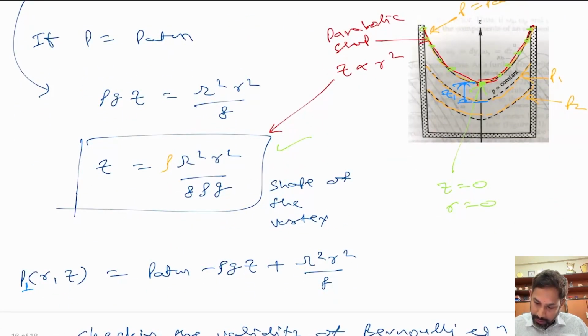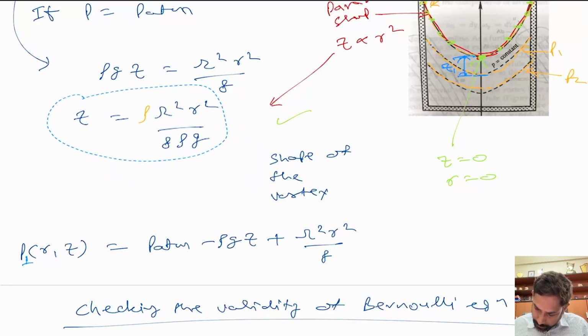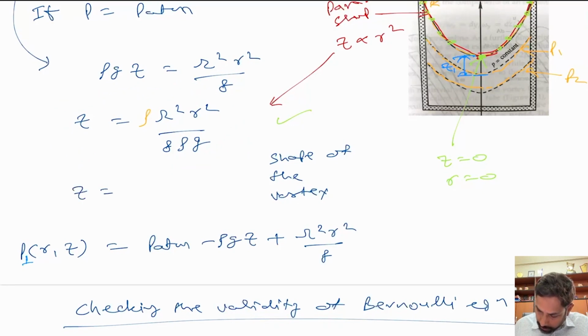So basically this equation now will become simplified. Okay, so this will become z equal to omega square r square over 8g. So this is 8, this is g.